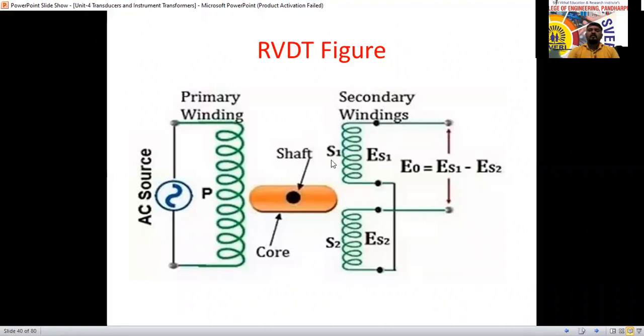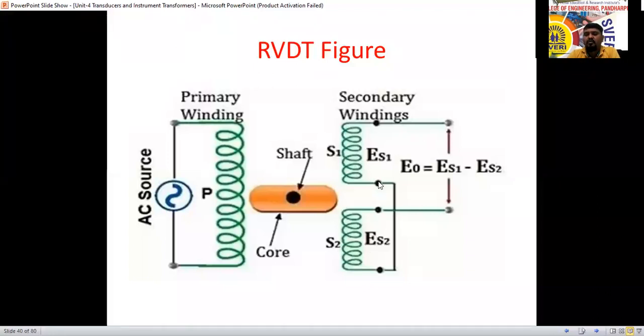See here, this RVDT also consists of two coils only. One is the primary, the second one is the secondary. The secondary has two windings, called S1 and S2. Whenever we give the supply to the primary, a magnetic field is produced. Because of this alternating magnetic field, EMF is induced in the secondary windings S1 and S2.